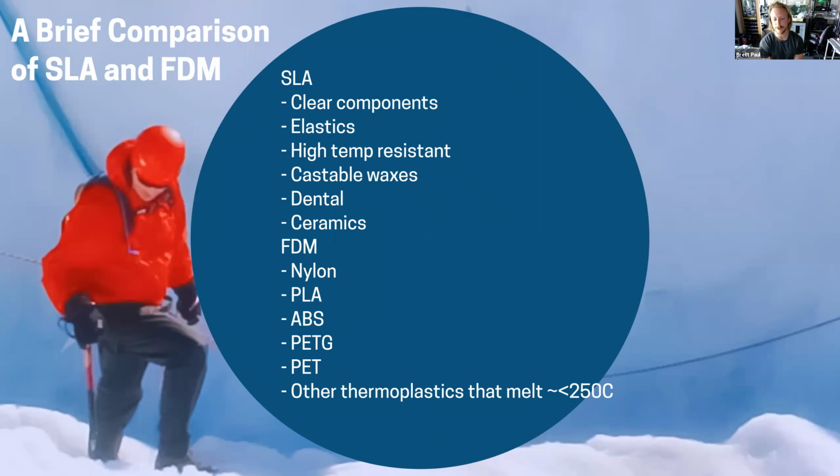Most FDM thermoplastics melt in the upwards of 250 C range, 300 C, because they have to go through a melting and resolidification process. You can print though with things like nylon and PETG. Even ABS is a pretty high performance plastic, and so you can get some really quality products with the materials associated with FDM.